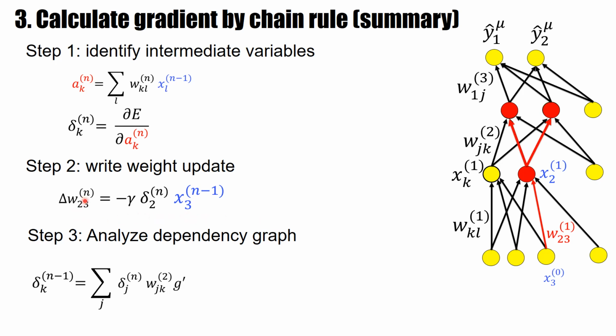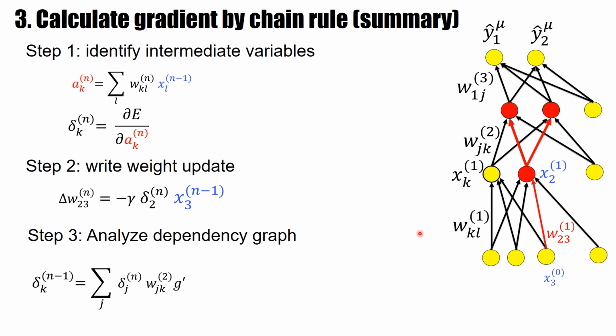So in layer 1, 2, 3 is this weight here, and what we use is the x of this layer and the delta of this layer. And then the deltas themselves in layer n-1 depend on the delta in layer n.